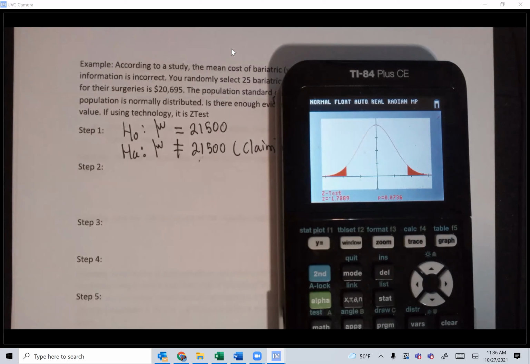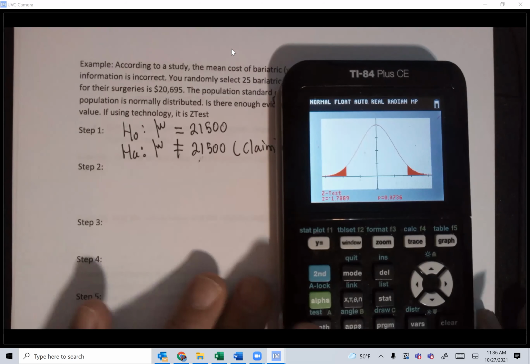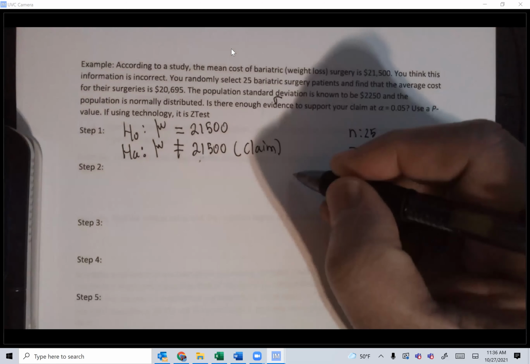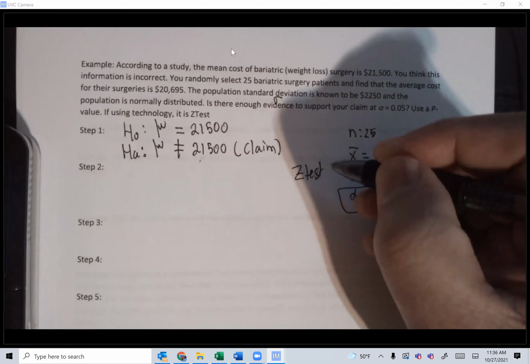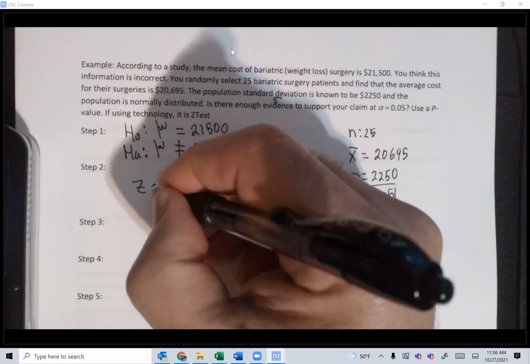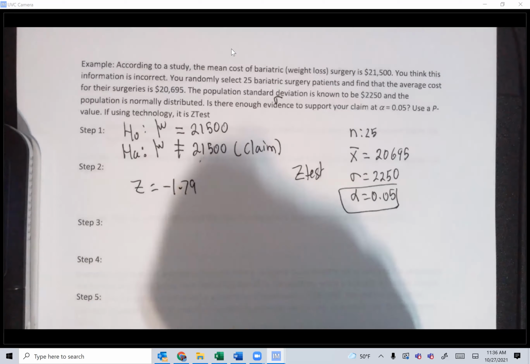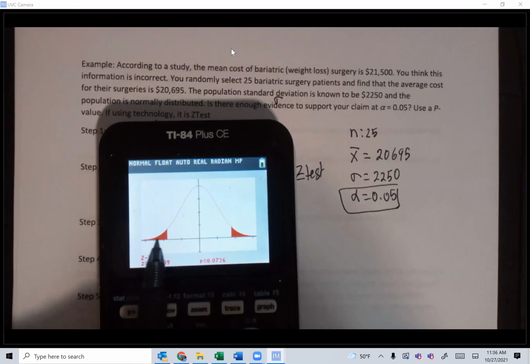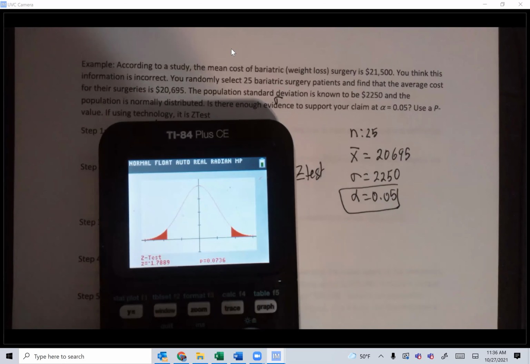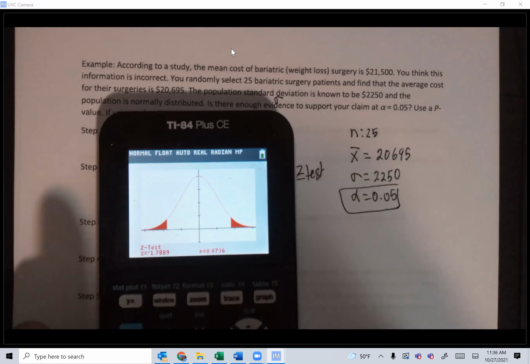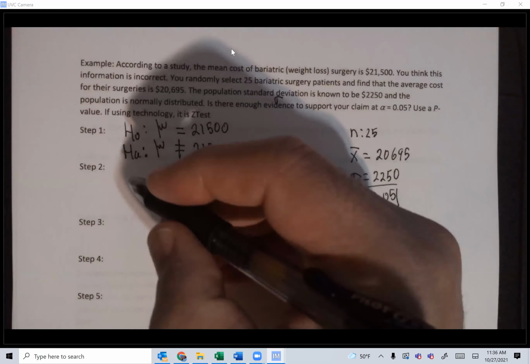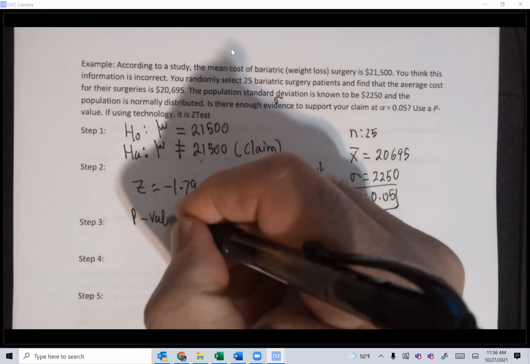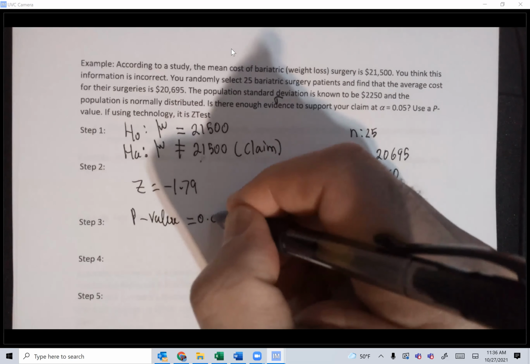So Z is negative 1.7879. Z-test. Just redo those exercises, guys, when you go home, just to make sure that you can still go back and do the same steps. And this area, guys, doubled is, let me see, 0.0736. You see, you don't have to do any work, just get it off the calculator.